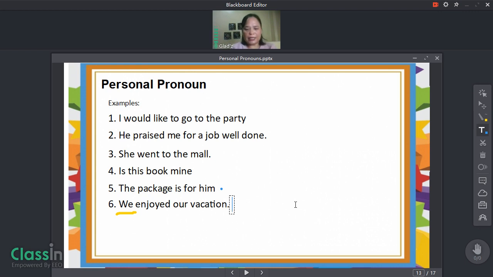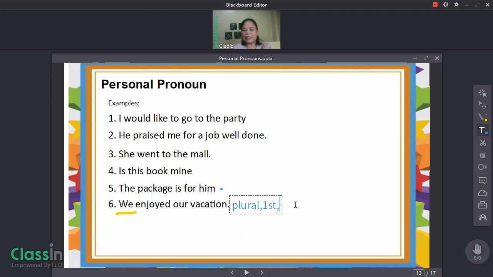That is plural, meaning more than one. And how about its person? Is it first, second, or third person? We is first person, a group including the speaker.